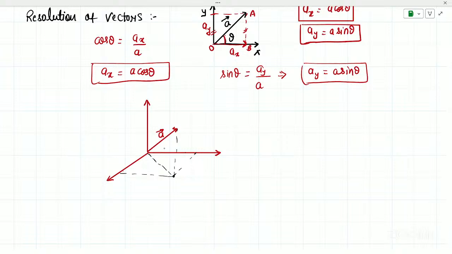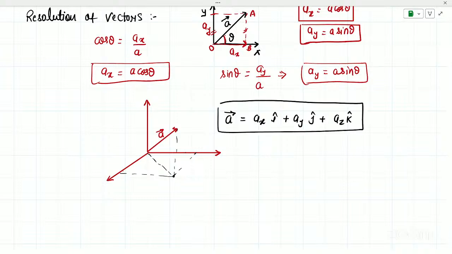So in 3D, this vector has three components. Then vector A can be represented as AX i cap, AY j cap, and AZ k cap.